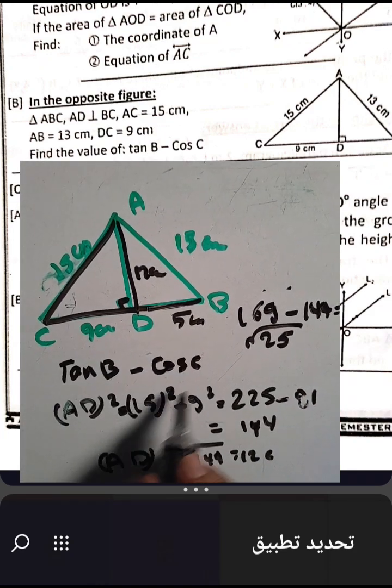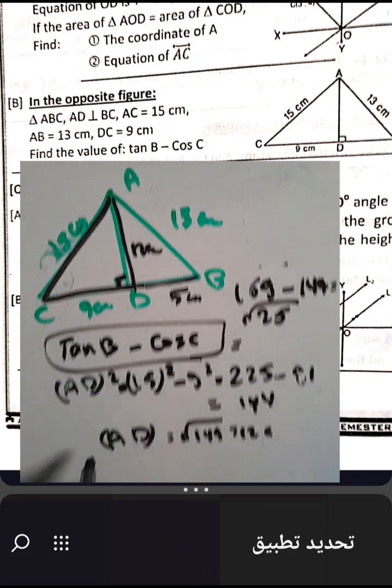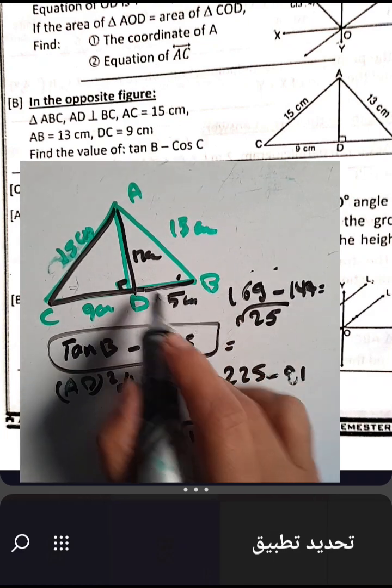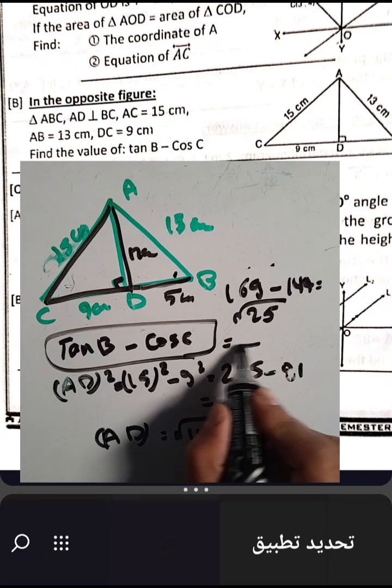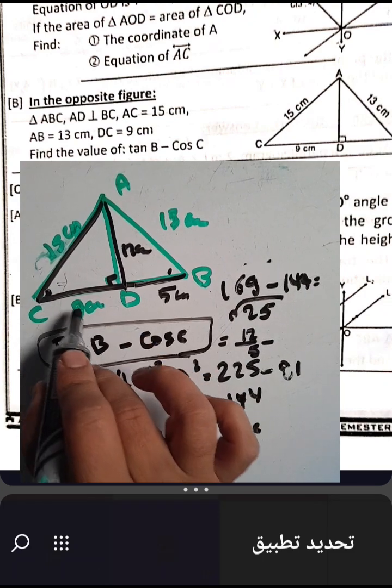And then you can write the solution about tan B subtract cosine C. Tan B, opposite over adjacent, will be 12 over 5, subtract cosine C. Cosine is adjacent over hypotenuse, it will be 9 over 15.